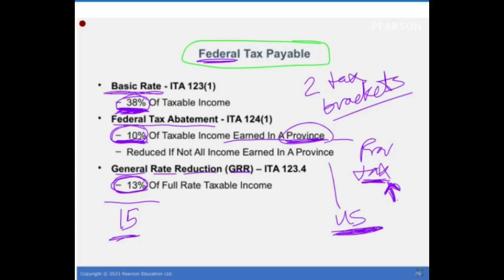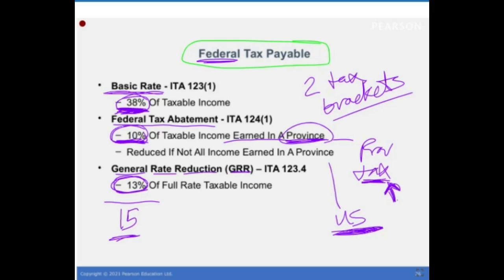So this would be where, if a change was required, they could just increase or decrease that rate reduction. This would affect the percentage that is going to be charged to your, let's call it, full rate taxable income, because it's hitting specifically the general rate, not the small business rate.